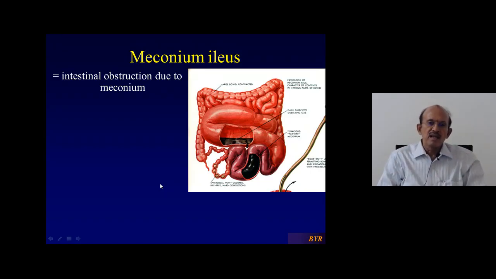Actually, the word meconium is derived from Latin. In Latin, meconium means poppy. I hope all of you know about poppy seeds. From the poppy seeds, opium, a hypnotic, is extracted. So in the old Greek literature, they thought God had given these poppy seeds to the child in the womb so that it won't make noise.